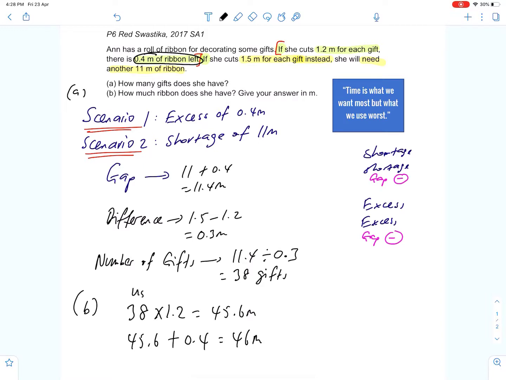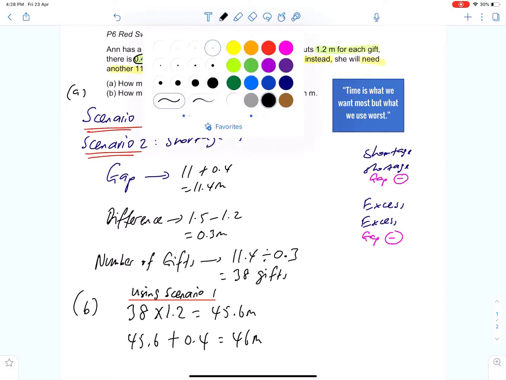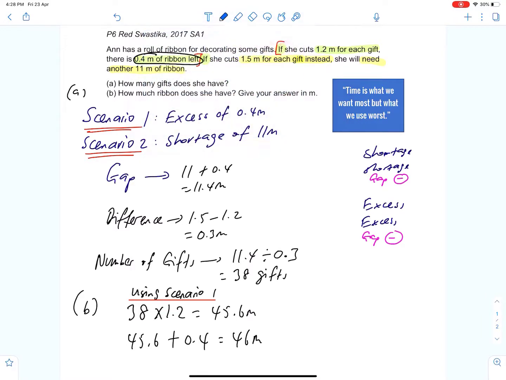Now, how do we check our answer? We can use scenario 2. Scenario 2 is if she cuts 1.5 meters for each gift, she will need another 11 meters, so not enough.